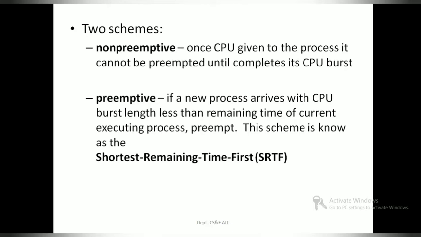I compare the burst time of the process that is executing with the process that has arrived on the system. Now the process that has arrived has the smaller burst time than the process that is executing on the CPU. So as the preemption method tells, I forcefully remove that process and assign the CPU to a process with the smaller burst time. So I shall be preempting process P1 and assigning the CPU to process P2.